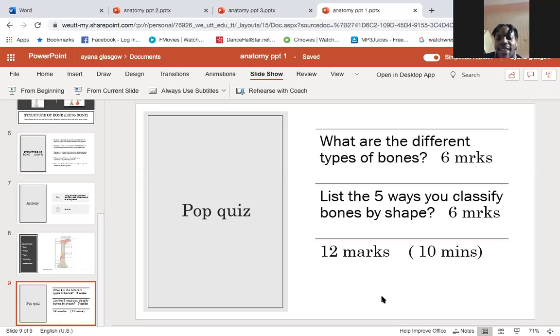Okay. And the last one is the five ways you classify bones: bones by shape. So we have the long bones. They are called long bones because of their width and length.